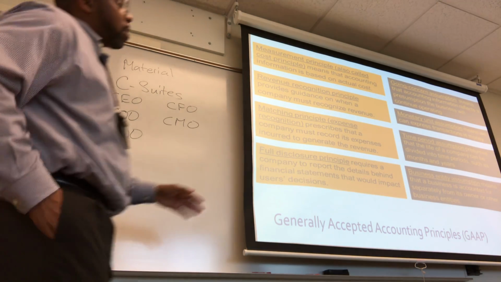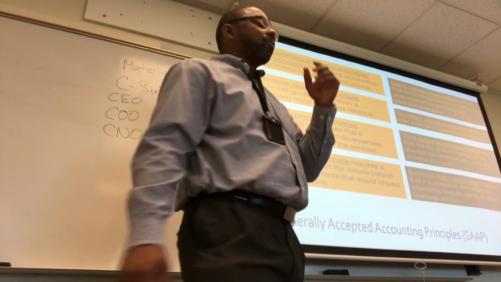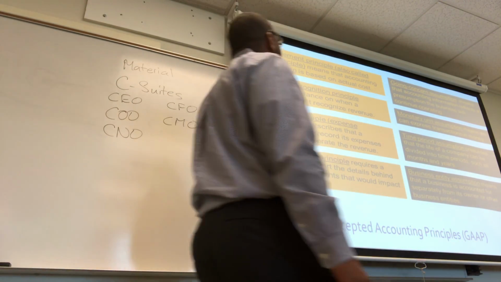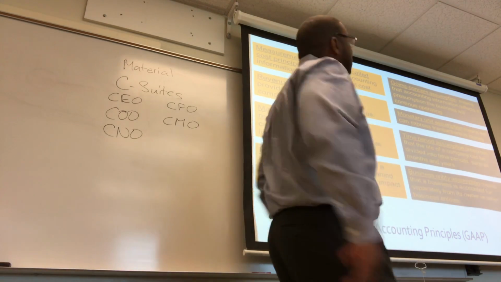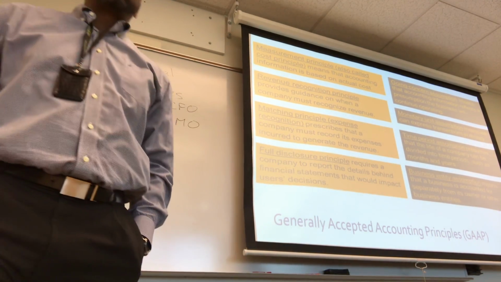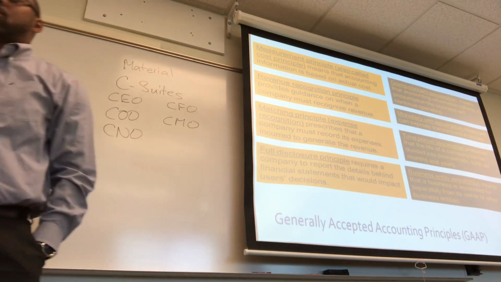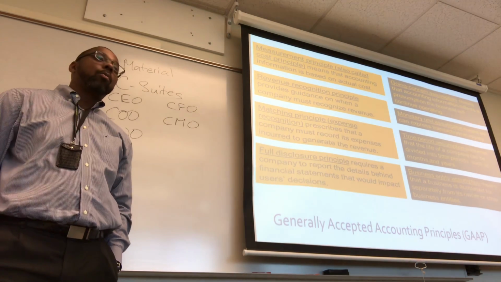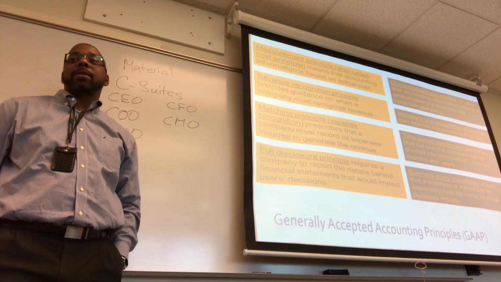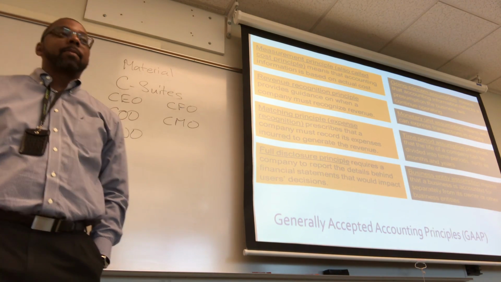And here are 4 principles and 4 assumptions that we have when we're doing U.S. accounting. One of them is the measurement or the cost principle. I like to call it the cost principle. The cost principle states that whatever you purchase something for, you need to put it on your books at that amount, right?